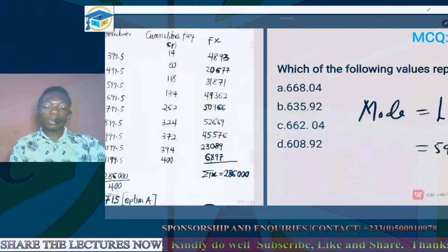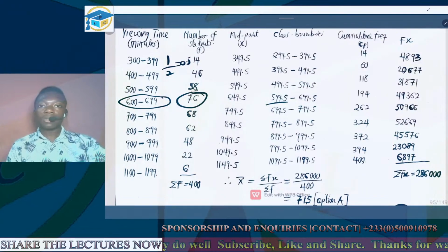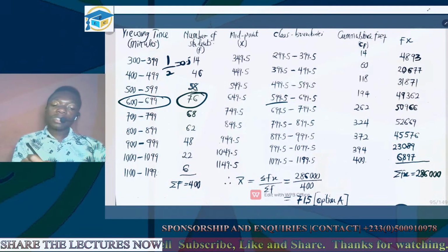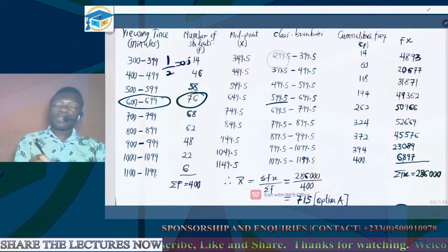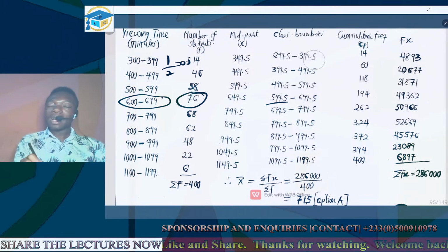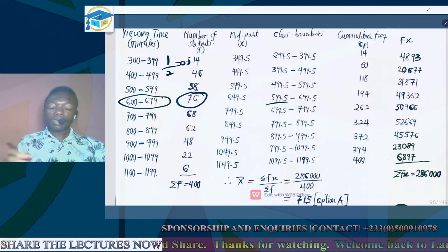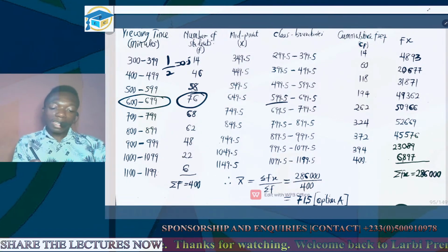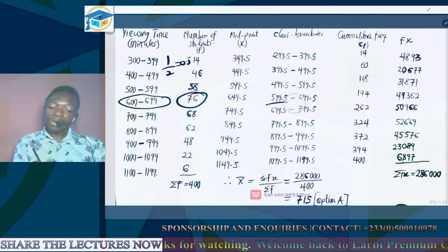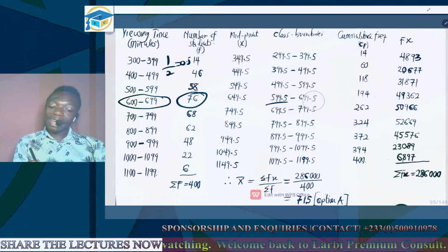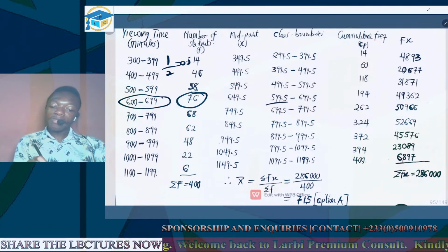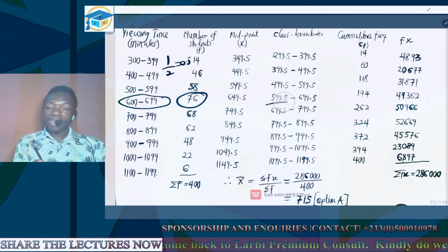And then multiply by our class width, our class size. To calculate the class width or class size, we take the difference between the upper class boundary and the lower class boundary of a particular class. So the class size for the modal class is the difference between 699.5 and 599.5.